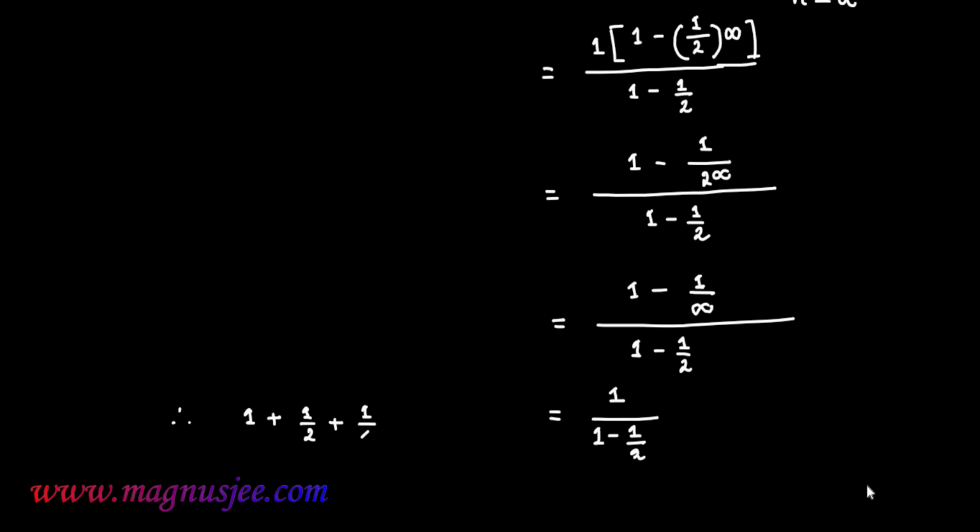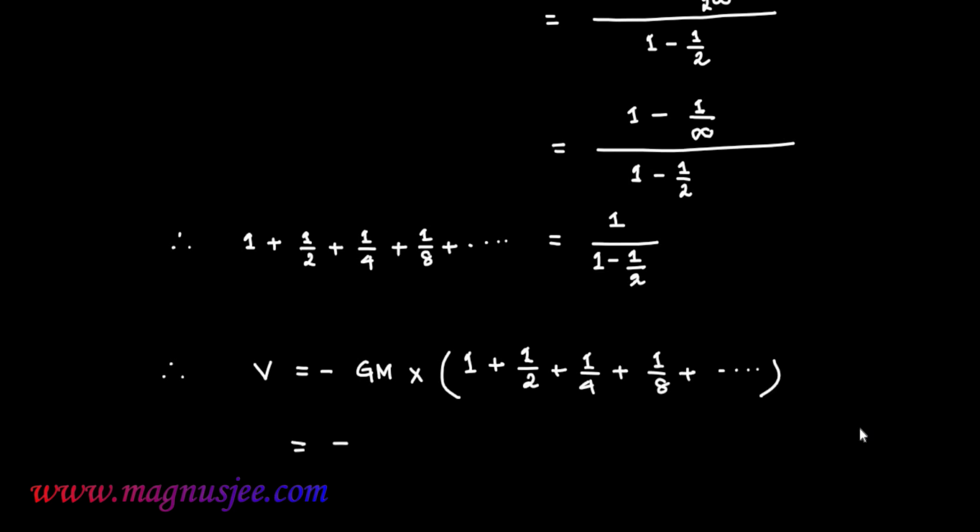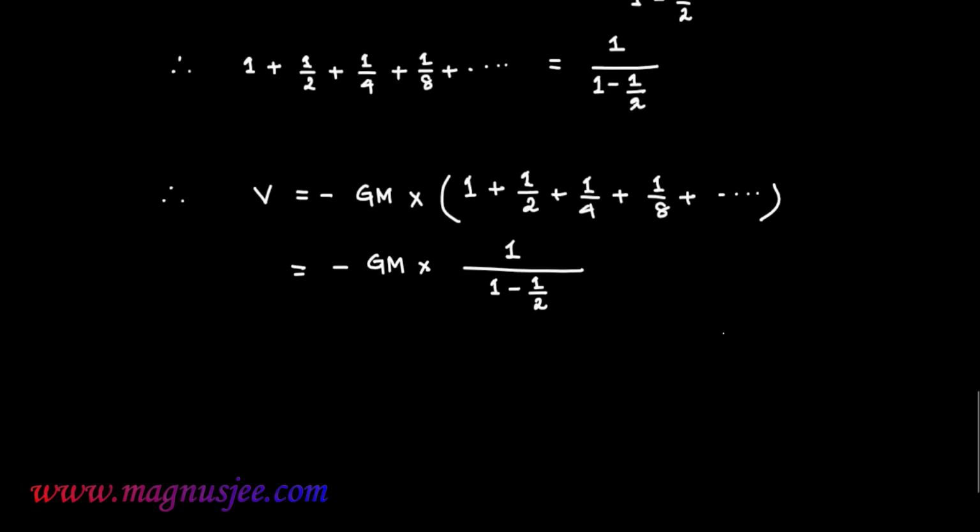So finally we get 1 plus 1 by 2 plus 1 by 4 plus 1 by 8 plus dot dot dot equals 1 divided by 1 minus 1 by 2. Therefore V equals minus GM bracket open 1 plus 1 by 2 plus 1 by 4 plus 1 by 8 plus dot dot dot equals minus GM times 1 divided by 1 minus 1 by 2, according to the GP series.